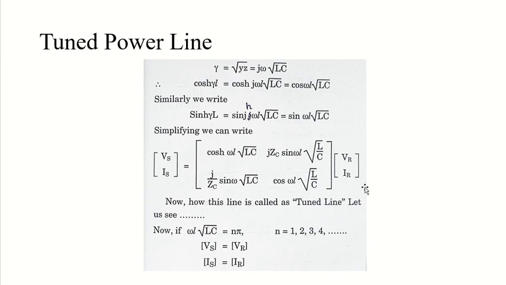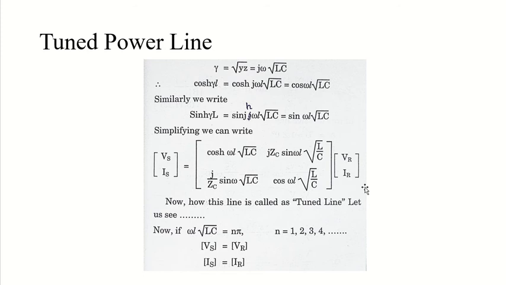And even though we say that the line is a tuned line, in all practical scenarios you will find a situation when there will be some loss, no matter how fine you try to tune it. There will always be some loss, and the value of output and input are not same for all the cases.